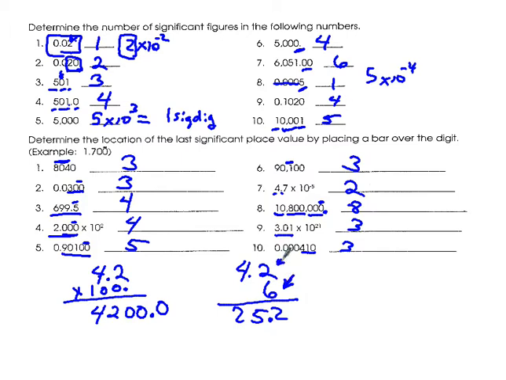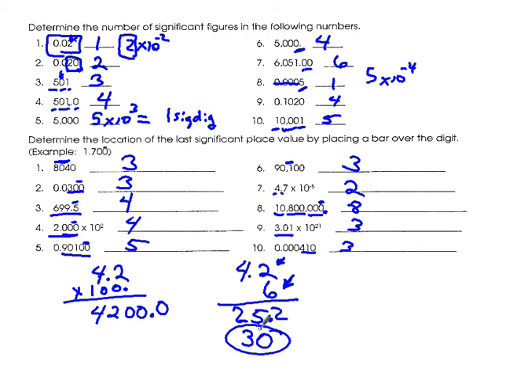Your answer can only have as many significant digits as the least significant, because you're limited by your least significant measurement. So I can only have one significant digit. This 5 would round the 2 up to 30. So that would be my answer because I can only have one significant digit.